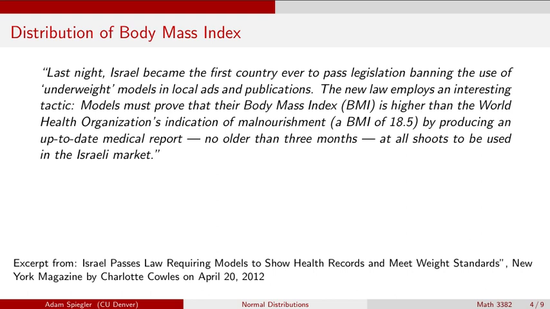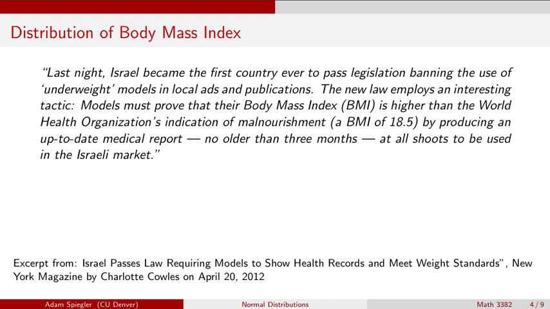So they needed to set a metric for what would be a healthy weight that models would need to satisfy. And they came up with a body mass index of 18.5. So if you were an aspiring model and you had a body mass index less than 18.5, you were unable to get employed as a model.